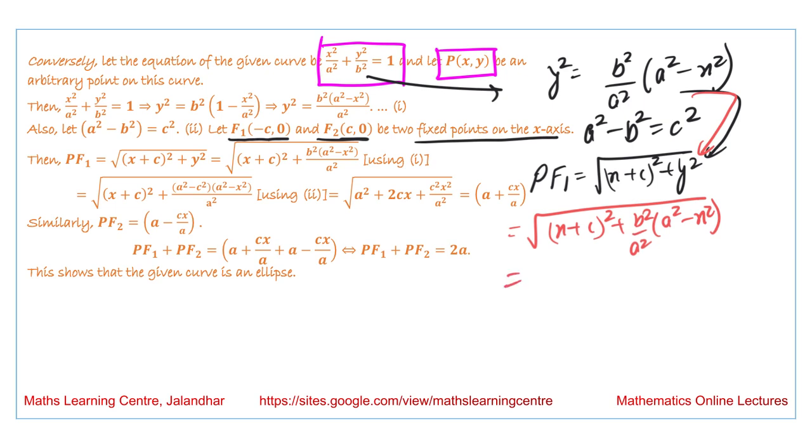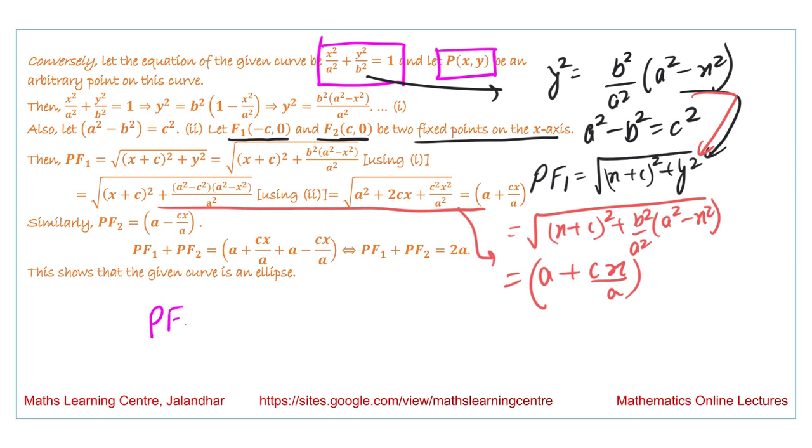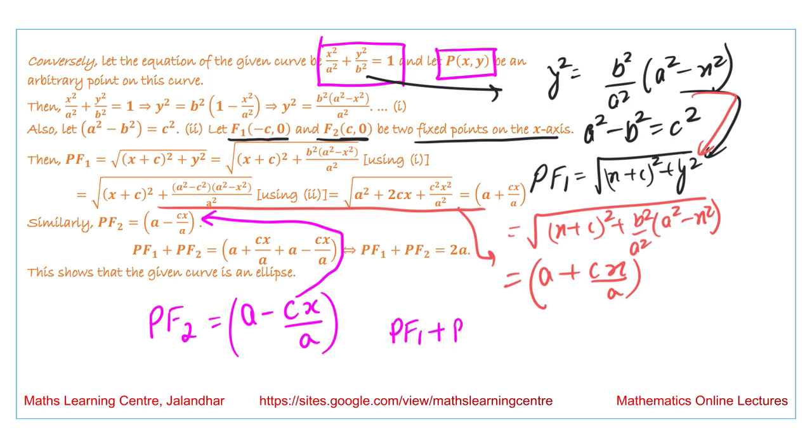On solving, this reduces to a plus cx over a. Now if we calculate the length PF2, using similar calculation we obtain a minus cx over a. So if we calculate PF1 plus PF2, we obtain the total answer as 2a.